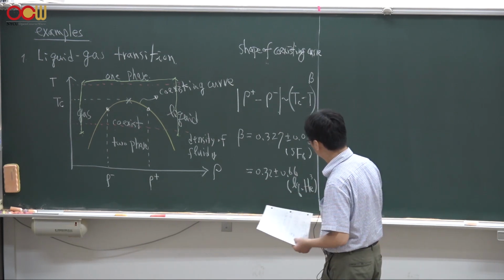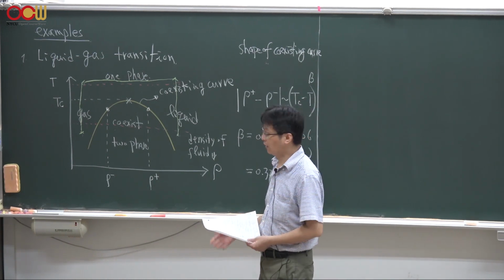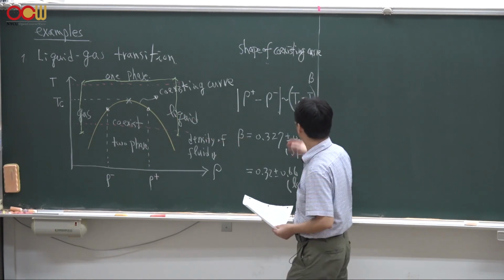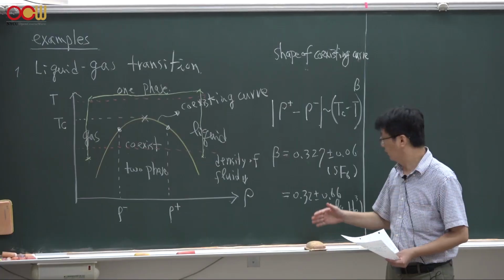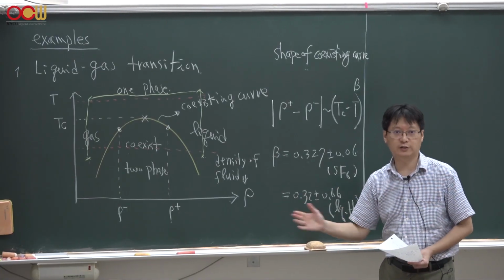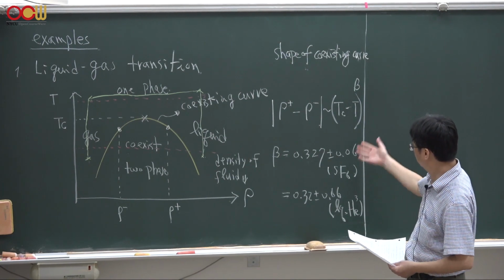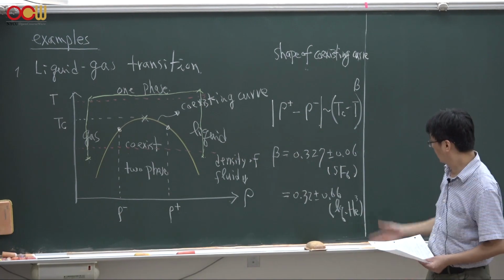So in other words, there's some general aspect of this liquid-gas transition of this type, and this exponent beta is an irrational value, and it also applies to many different liquid-gas transitions of this type for different systems. They all behave the same in the sense that beta is the same.